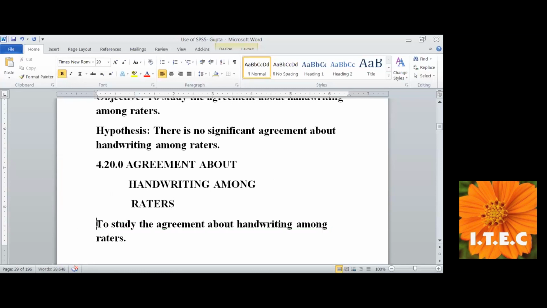The 20th objective was to study the agreement about handwriting among raters.